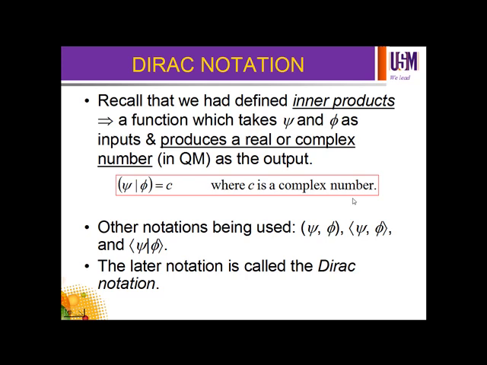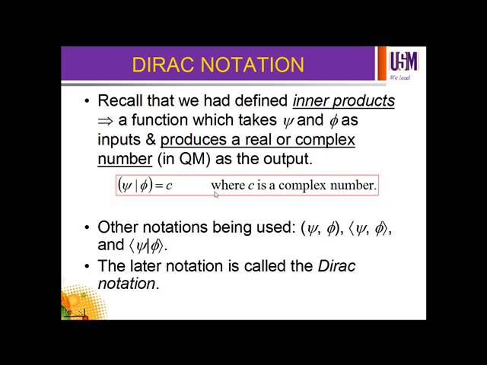So if we take two wave functions and put them in the inner product notation, what we get is a number, which can be complex or real, a complex number consisting of a real part and an imaginary part.